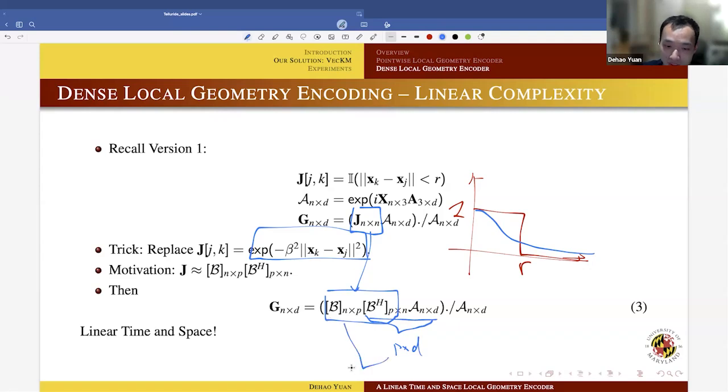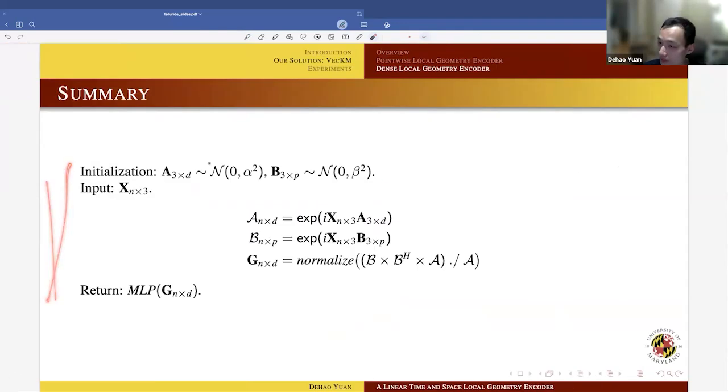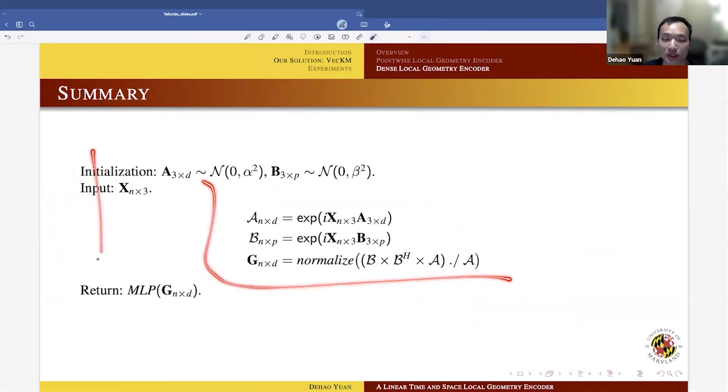Then we do this, and it gives you an M by D matrix. This eliminates the need of computing the very expensive M by N adjacency matrix. That's the major idea behind it. So now we achieve linear time and space. That's the ultimate version. I explained all the theory behind it, and this is the ultimate version of the encoding.